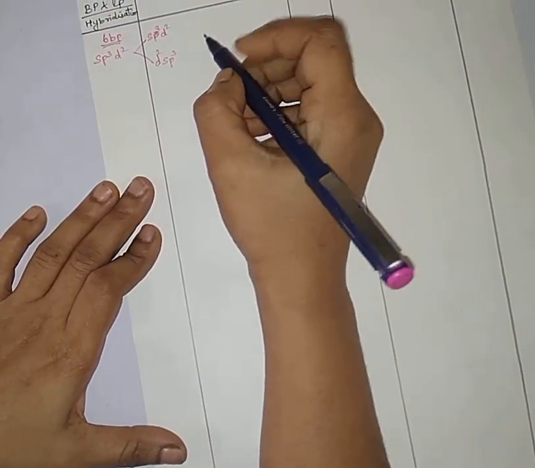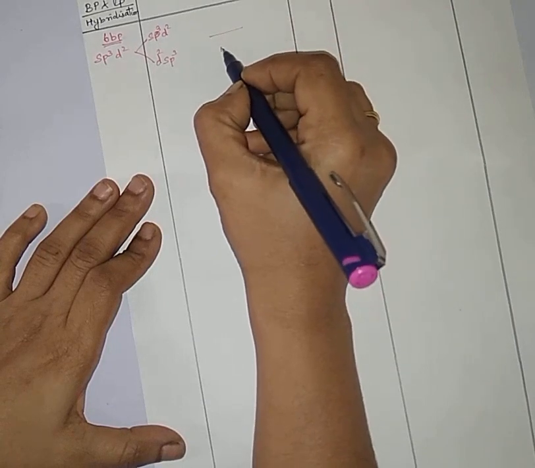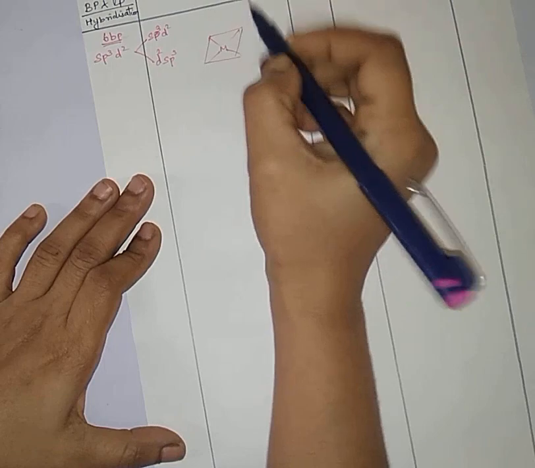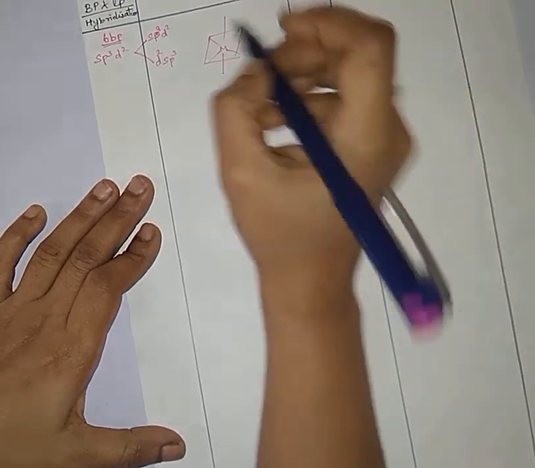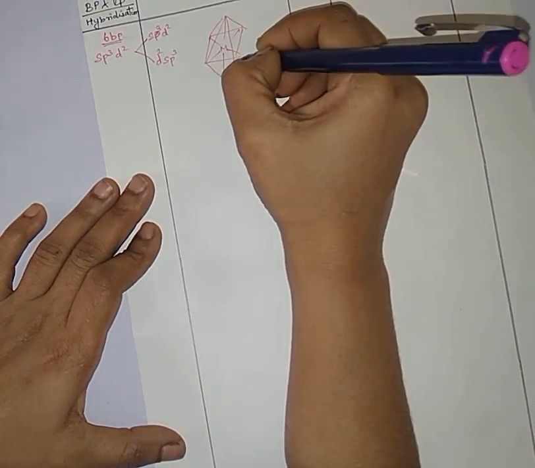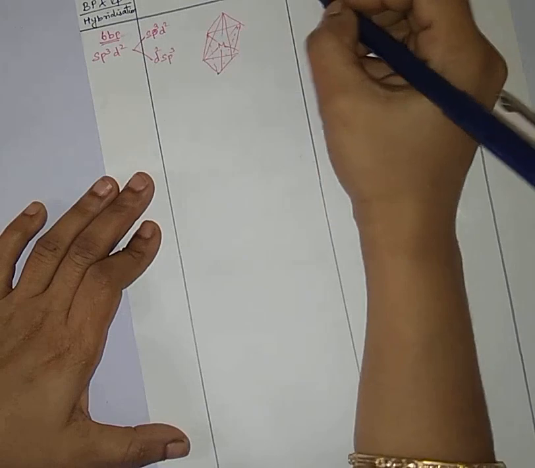I'll write like this. I'll write one metal so that on all sides we can join properly. Octahedral complex.